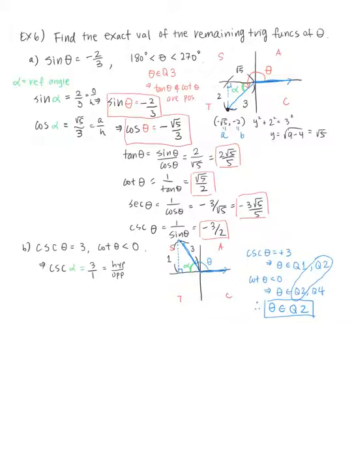So we know that a squared plus 1 squared better equal 3 squared. So that means a better be the square root of 9 minus 1, which is square root of 8, which is 2 root 2. So the length from here to here is 2 root 2.